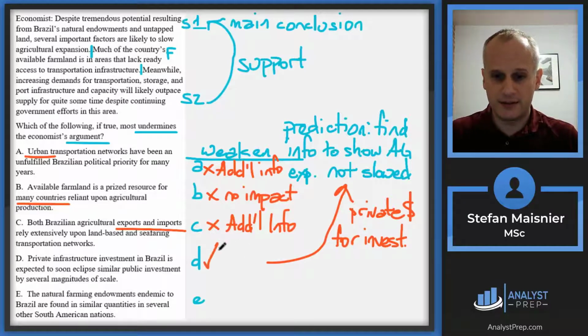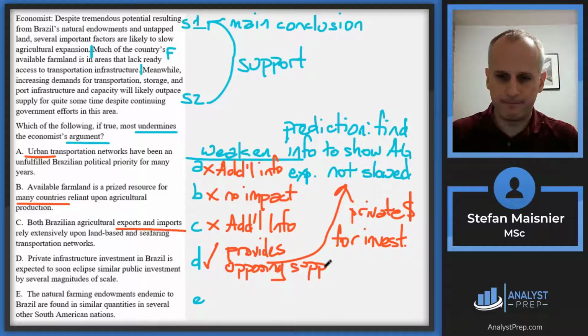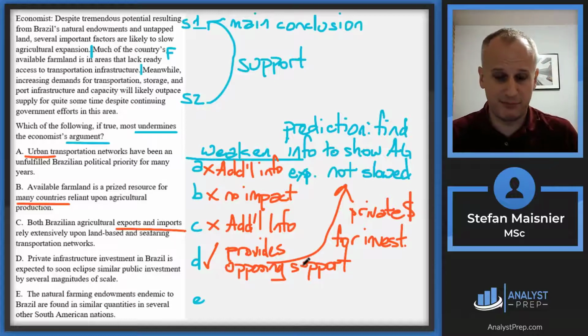So this provides basically opposing support to the economist's conclusion, against the economist's conclusion, so we can hold on to that as a possible answer. And then choice E, the natural farming endowments endemic to Brazil are found in similar quantities in several other South American nations.